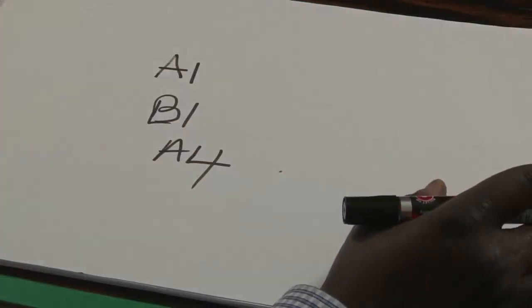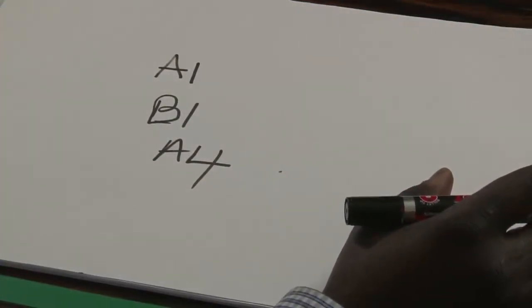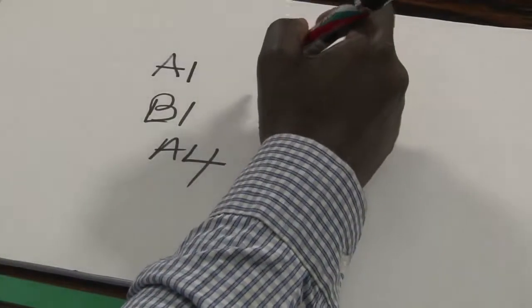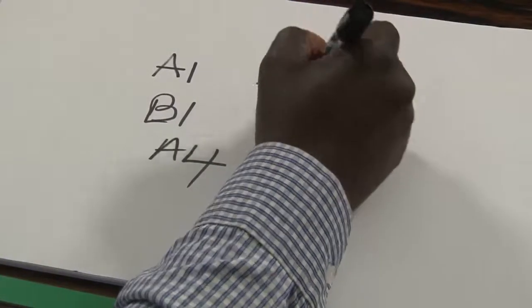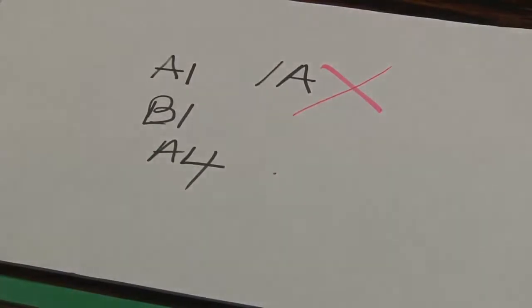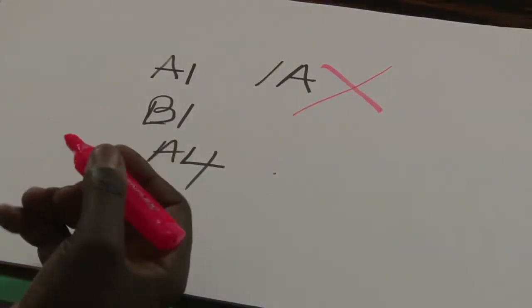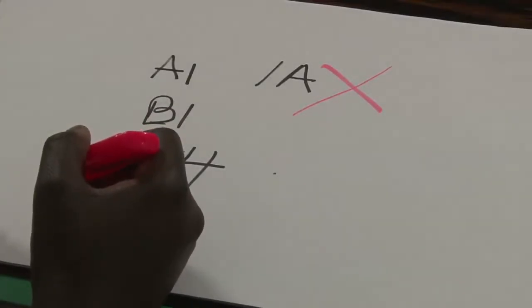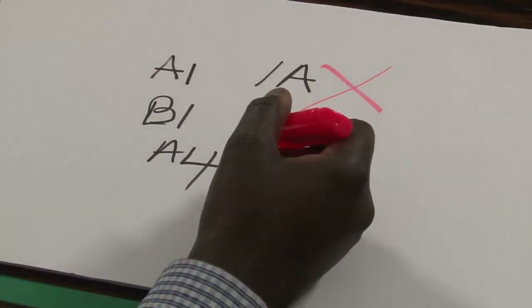I just want to bring back a little bit from experience in marking some of those scripts. If you write your cell like this, 1A, my friend, you are wrong. It must be the alphabet before the number when you write a cell.